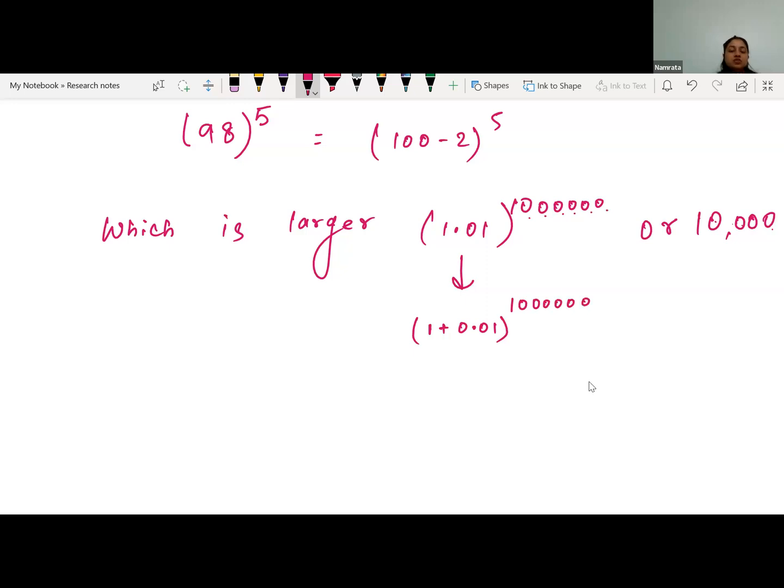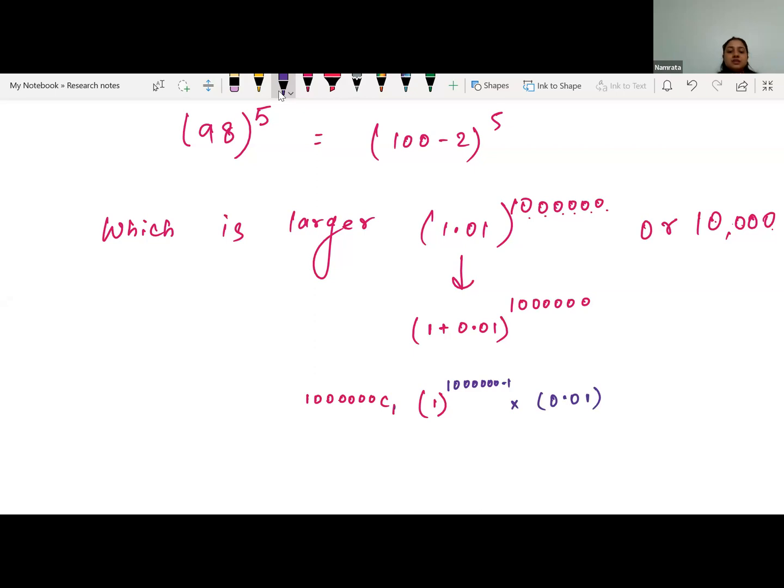Okay, let's do the expansion of this one. The first term will be nC0, first term to the power n, then nC1, first term to the power n minus 1. For the first term, whatever the power, 1 to the power anything is just 1. So I'm not writing it, or if you want, let me write it: 1 to the power 6 minus 1, into the next term, that is 0.01 to the power 1, right?